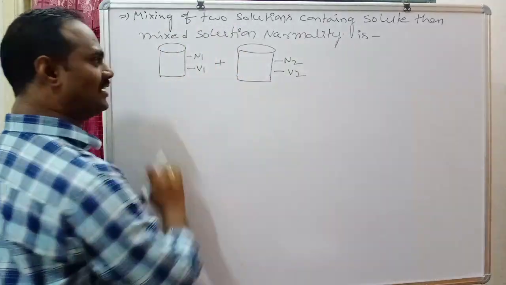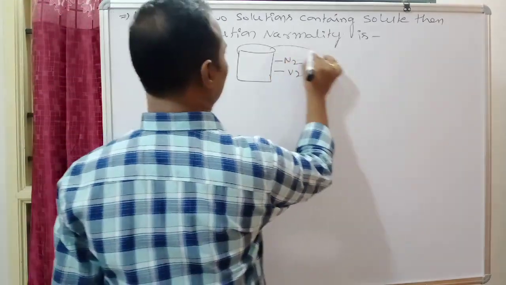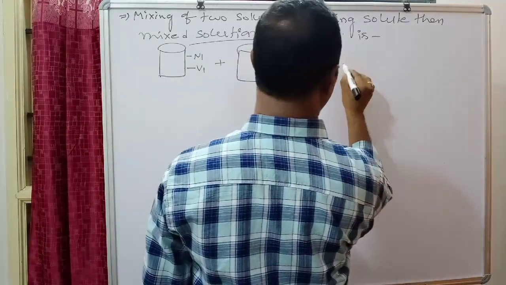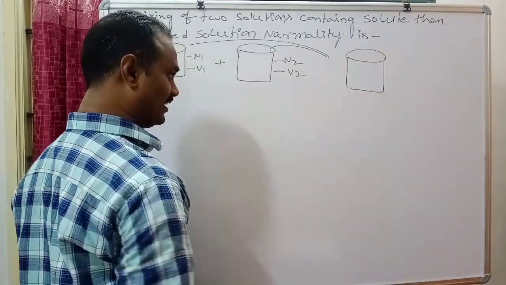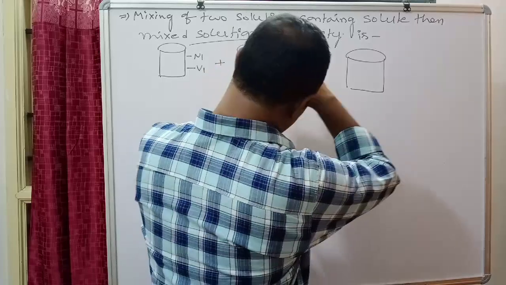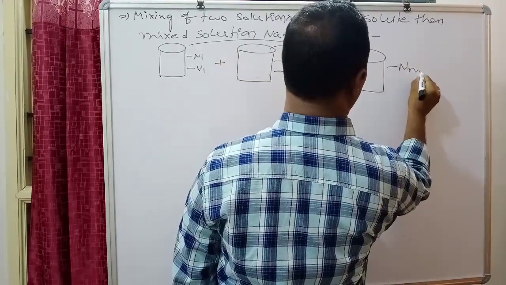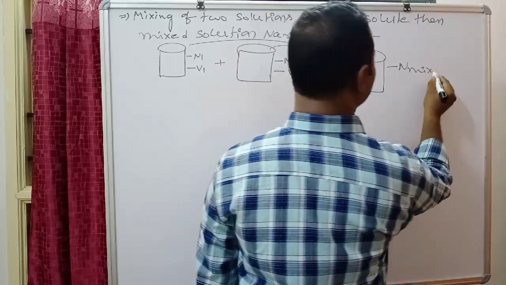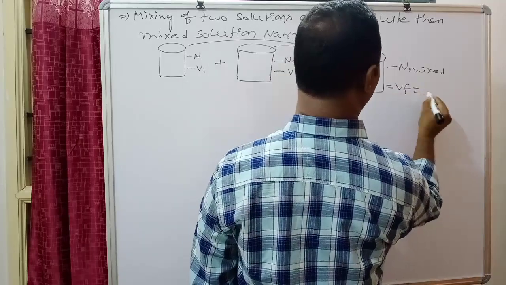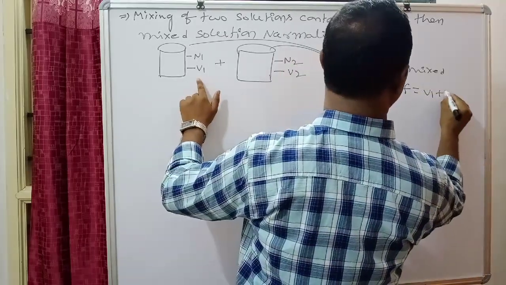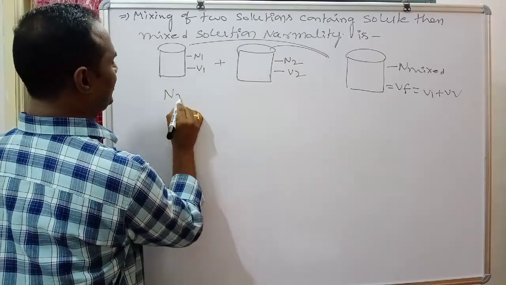In both containers the solute is the same. Now these two solutions I am going to mix, in one container or a separate container. The total solution is mixed here, and the final volume is V1 plus V2.